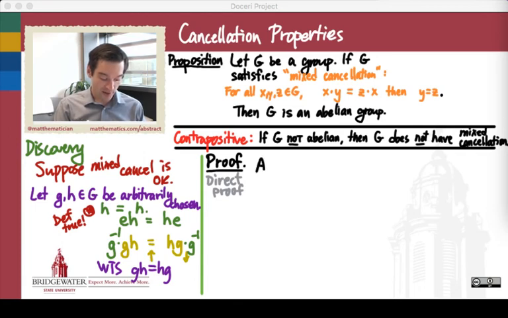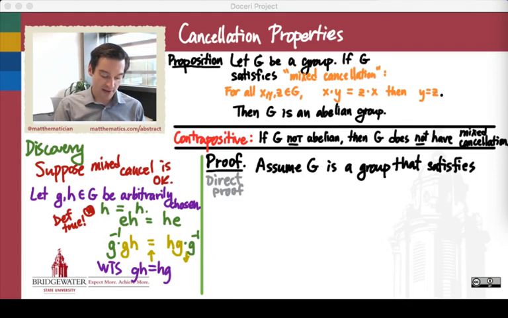So we're going to start by saying: assume G is a group that satisfies the mixed cancellation property. So by assuming the hypothesis, I've clued my reader into the form of my proof. It's going to be a direct proof.